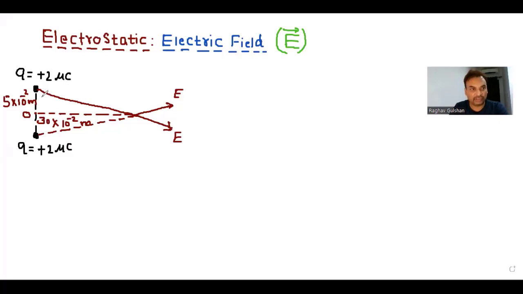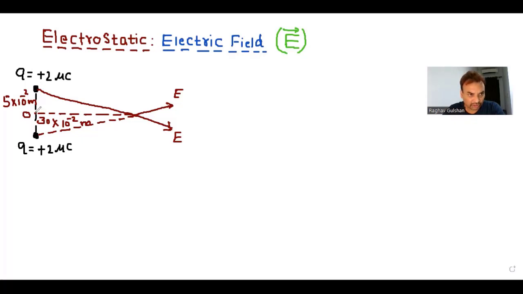So, the numerical is that we have two charges, plus 2 microcoulomb and plus 2 microcoulomb, right? Both the charges are already shown in the figure. We have a charge plus 2 microcoulomb here and another charge plus 2 microcoulomb here, and they are separated by a distance of 10 into 10 raised to the power minus 2 meter.